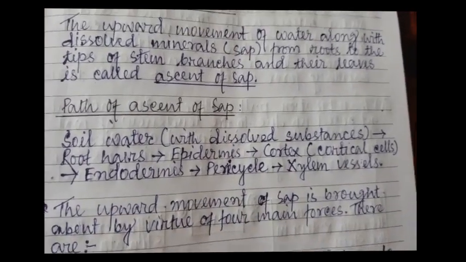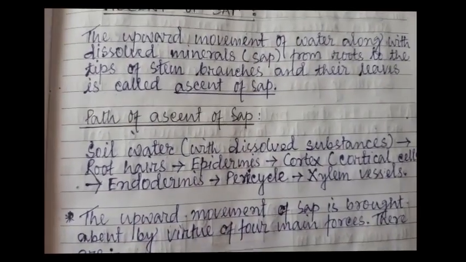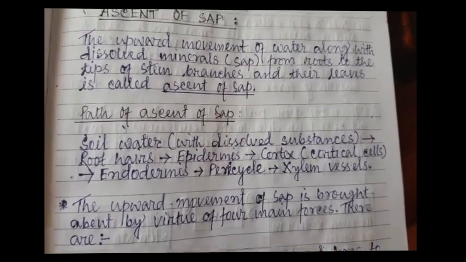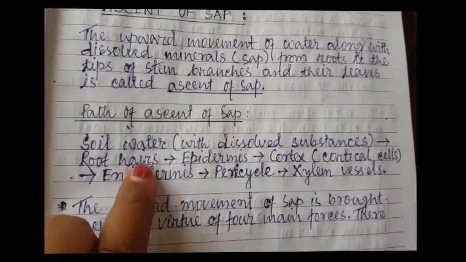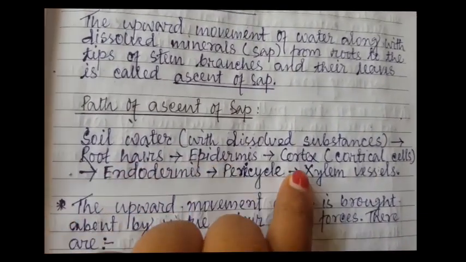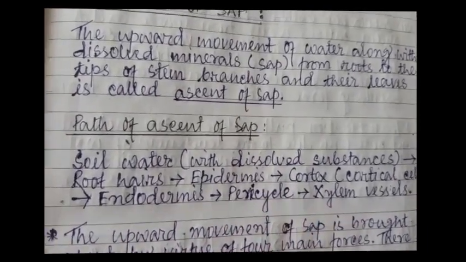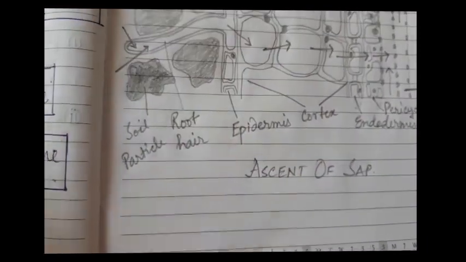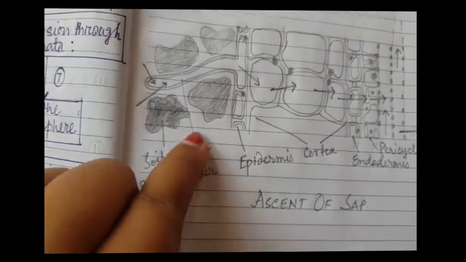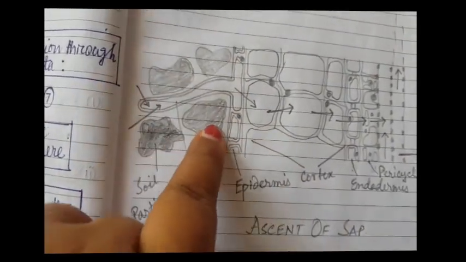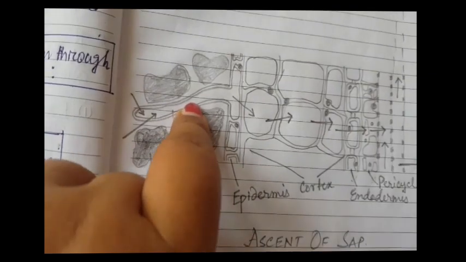Now, the path it follows is: soil water enters the root hairs. From there it goes to the epidermis, then cortex, endodermis, pericycle and xylem vessel. We can see in this diagram, these are the soil particles. Here water was available. From there the water has entered the root hairs.